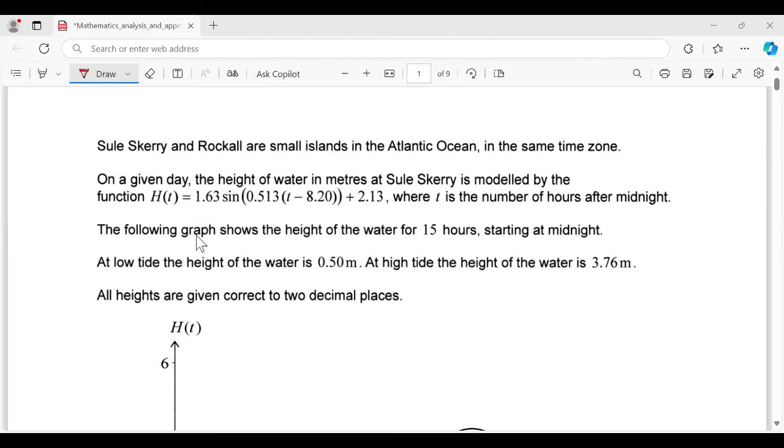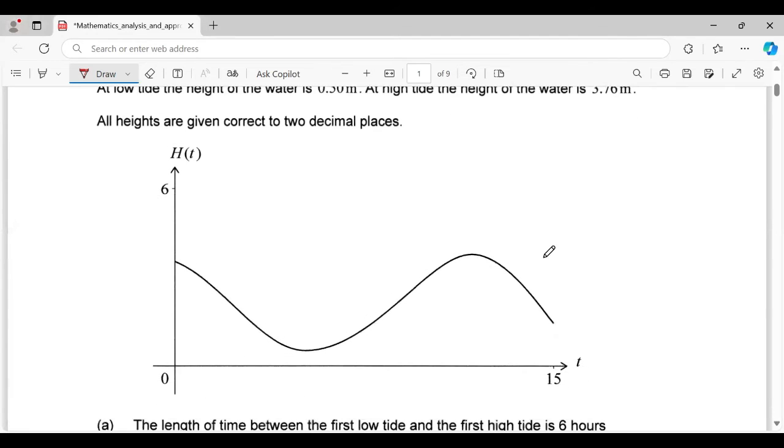The following graph shows the height of the water for 15 hours, starting at midnight. At low tide, the height of the water is 0.5 meters. At high tide, the height of water is 3.76 meters. All heights are given correct to 2 decimal places, right? This is the graph.